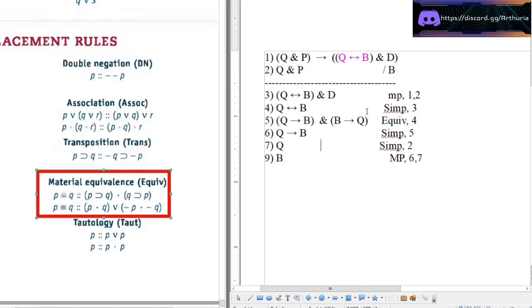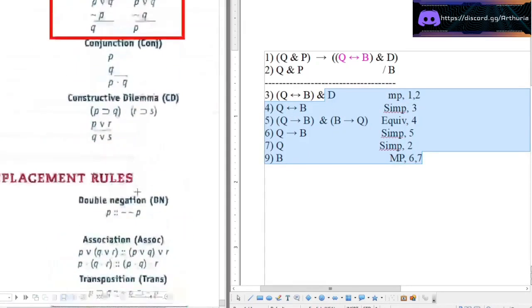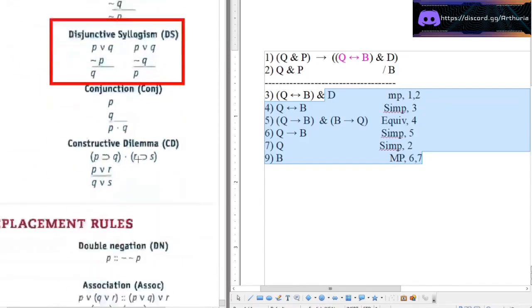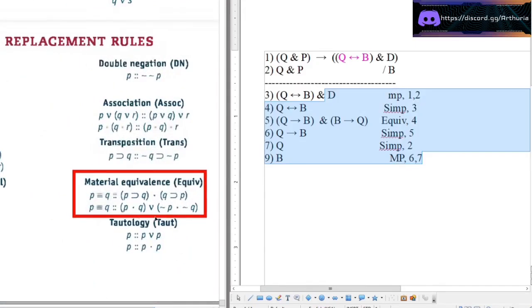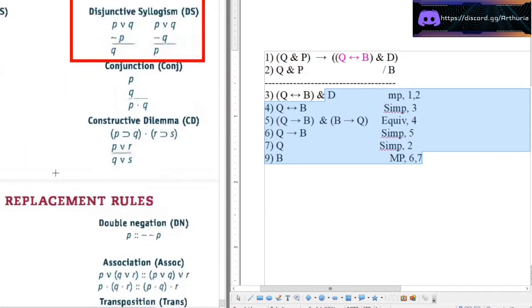Okay. Any more questions on this? If you got your implication rules down, then your replacement rules are just more of the same basically, except you're more free to use them. You can use these inside of parentheses. So that's the only real substantive difference between the two.